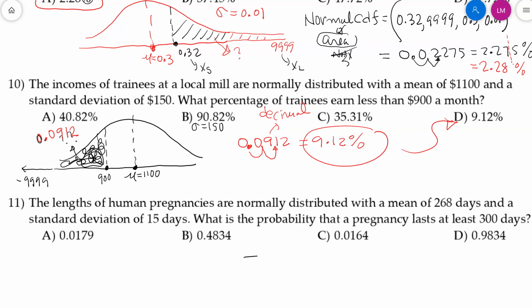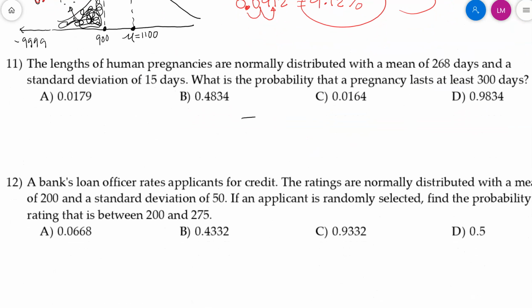Do we have it? Yes. Okay. Number 11. The length of human pregnancy is normally distributed with a mean of 268 days, about like 10 months, close to, and a standard deviation of 15 days. What is the probability that pregnancy lasts at least 300 days? So again, 300 days.